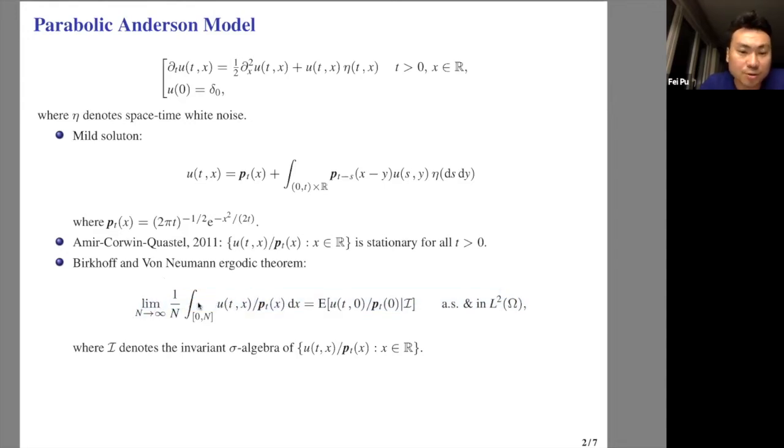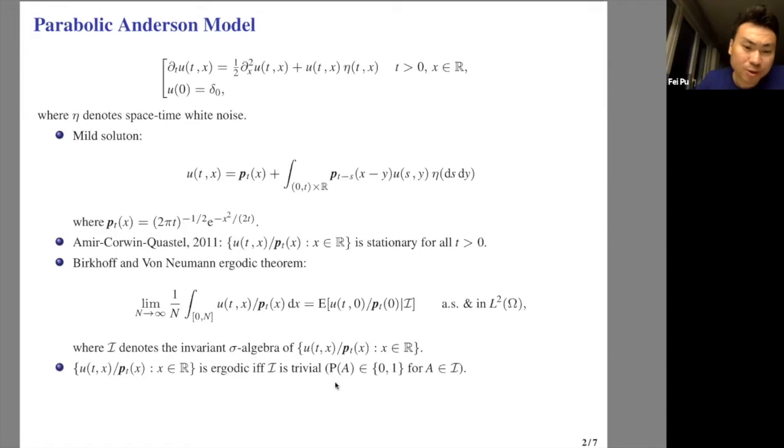If n goes to infinity, this spatial average converges to the conditional expectation E of u(t,0) over p_t(0) given I. Here I denotes the invariant sigma algebra of this stationary process. So this is the ergodic theorem.